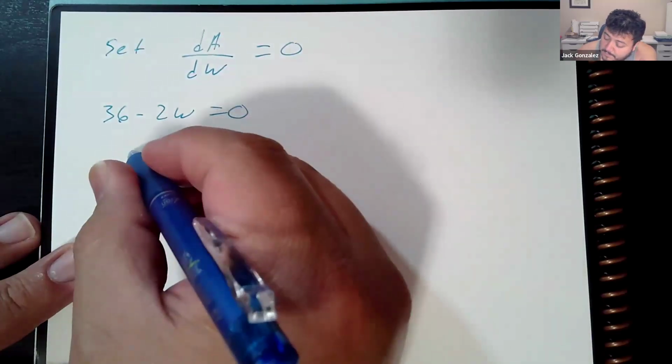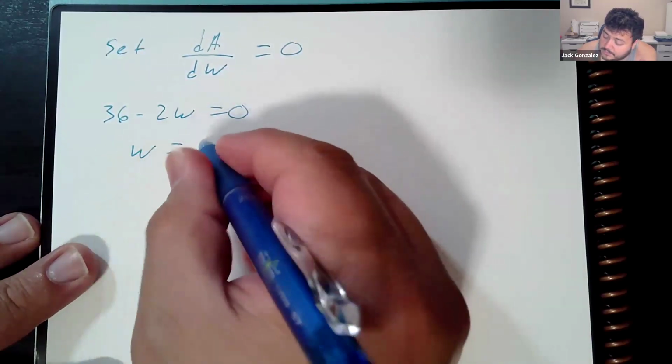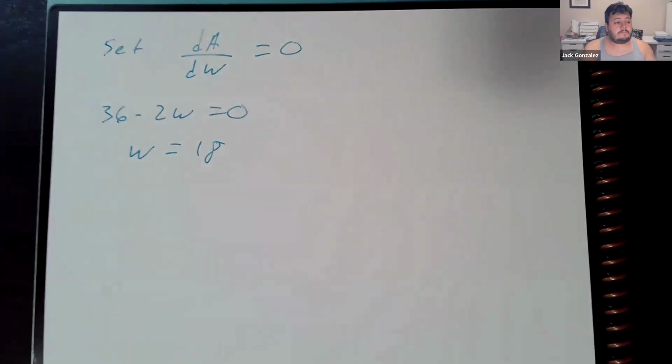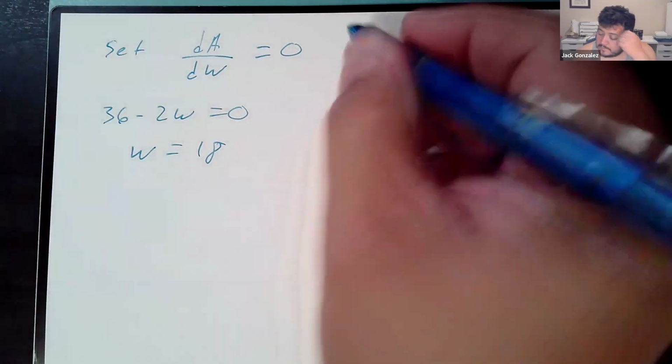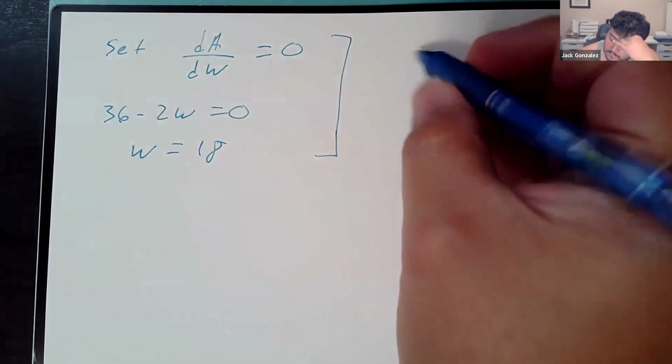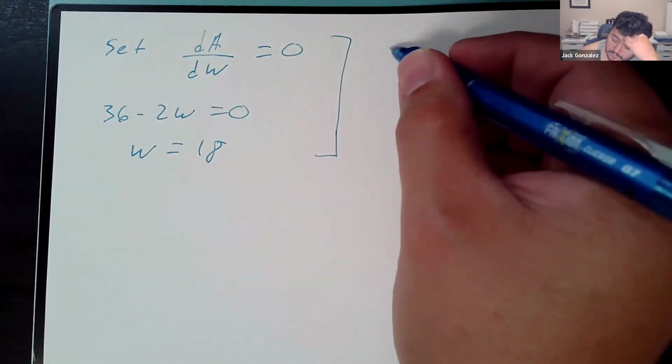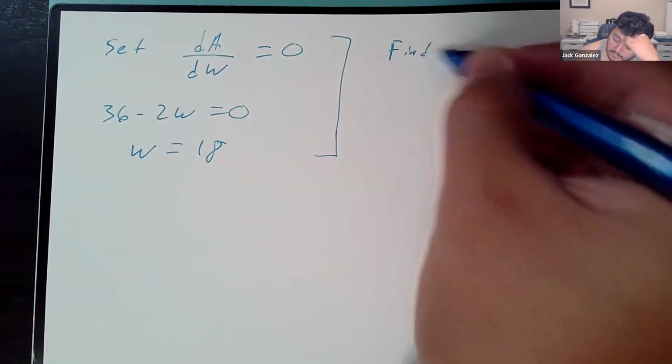Solve for W. That should be 18, right? Yeah. This is to find the critical number.